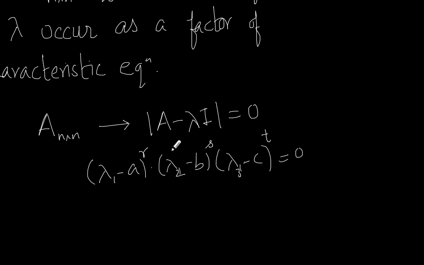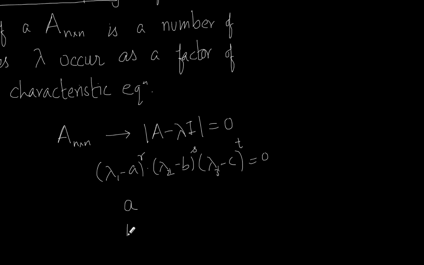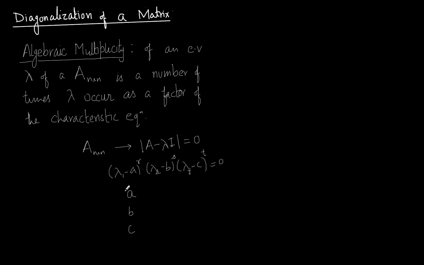So algebraic multiplicity means what? You see that you have eigenvalues A, B, and C for this matrix according to this characteristic equation.